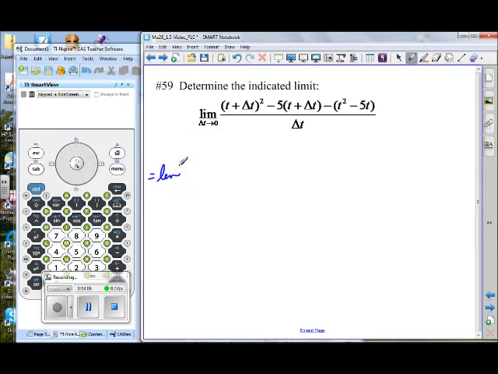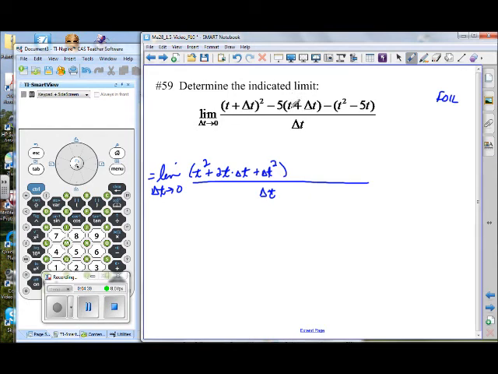We have the limit as delta T approaches 0. Put that whole thing down here. Here's my delta T. And let's take a look at squaring the binomial. If you use the FOIL method, you know how to do that. So it would be T squared plus 2T times delta T plus delta T quantity squared.